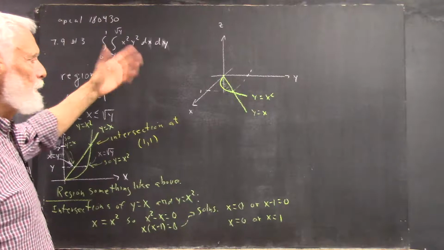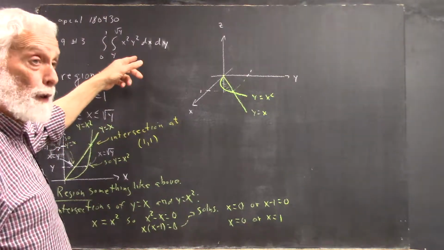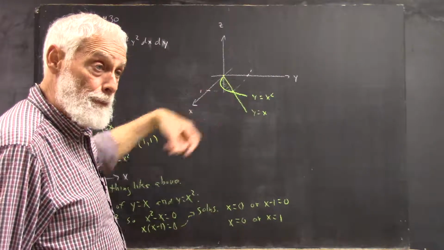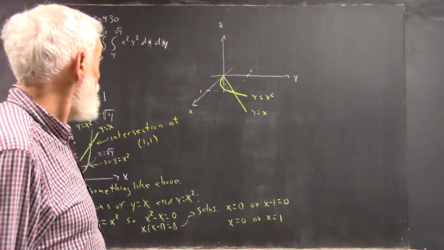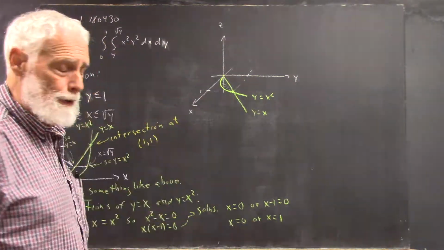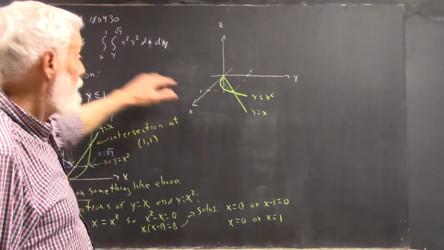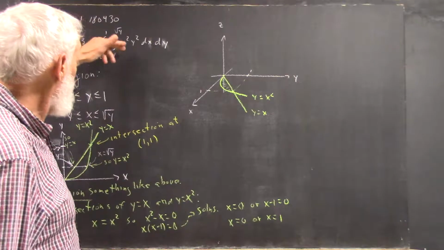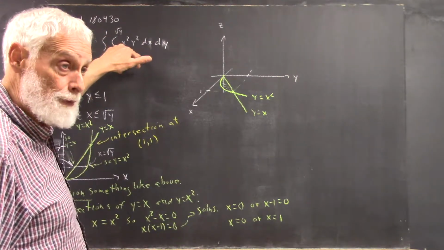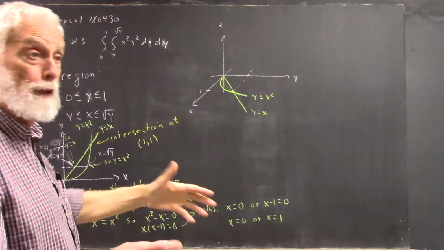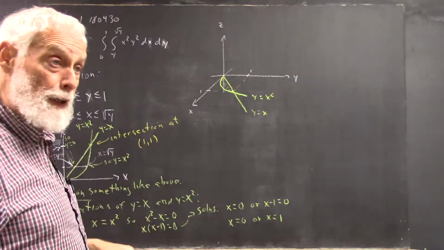We're going to do the graph of x squared y squared above this region. Because what this integral is going to give us is the volume above this region and underneath the graph of the x squared y squared surface, the surface defined by that function.